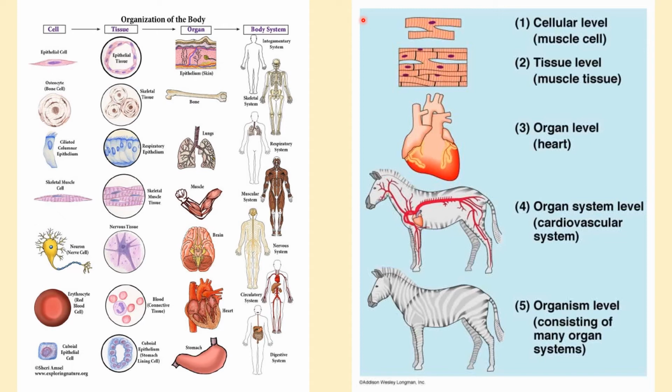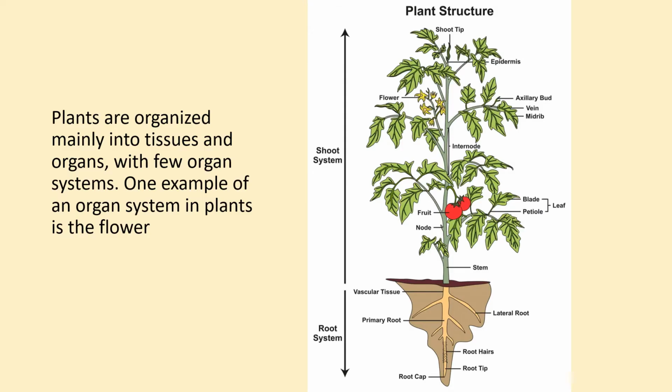So this is an example of the cardiovascular system of the zebra. Plants are a bit of an exception to this rule, because plants are organised mainly into tissues and organs with few organ systems.